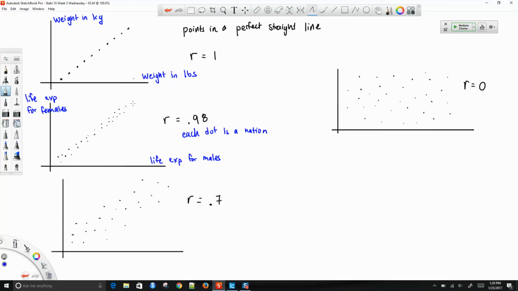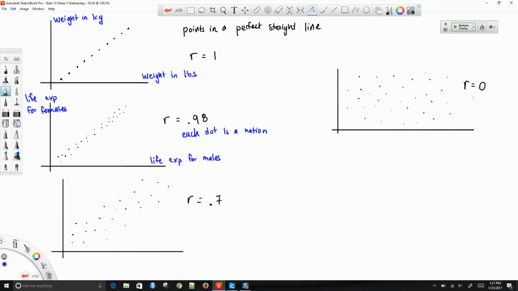For all countries where the life expectancy for males is 74, we would expect the life expectancy for females to be 76, 77, 78, because globally there's a general trend that females live about 3 years longer than males on average for a multitude of reasons. And then as our predictive power decreases, our R drops.